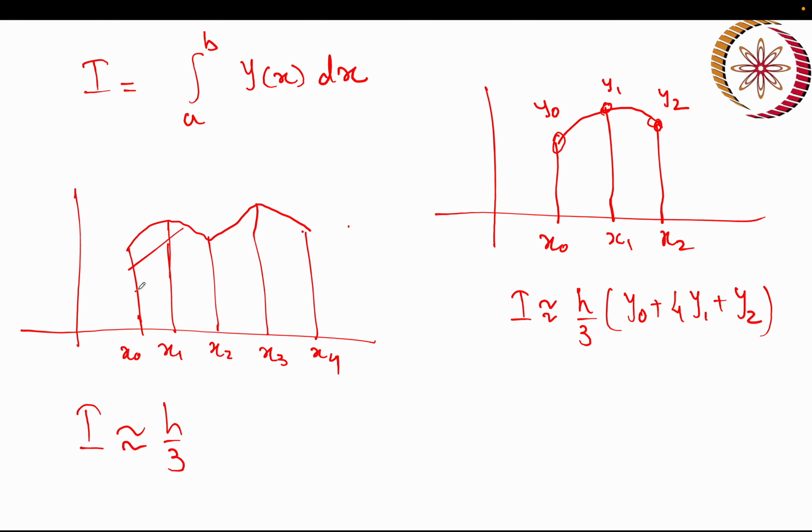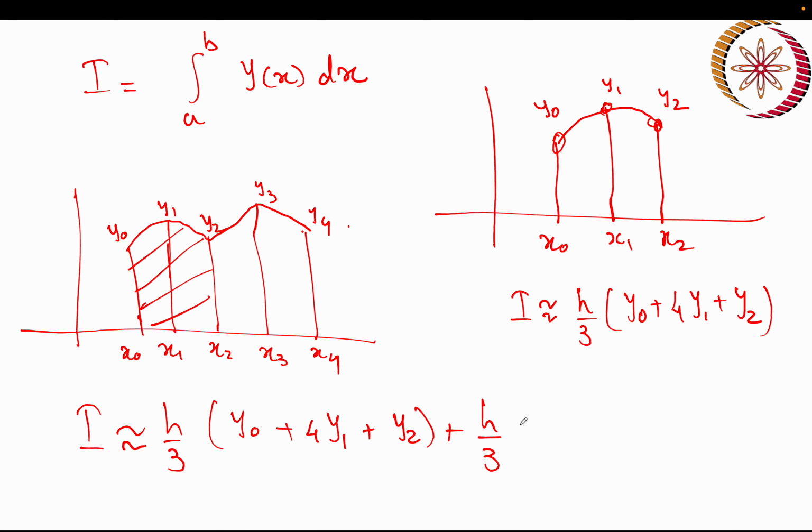So first of all we will compute for this a region, where this is y0, y1, y2, y3, y4. So it will be h by 3 times y0 plus 4y1 plus y2. Then we'll compute the area for this, which will be y2 plus 4y3 plus y4.